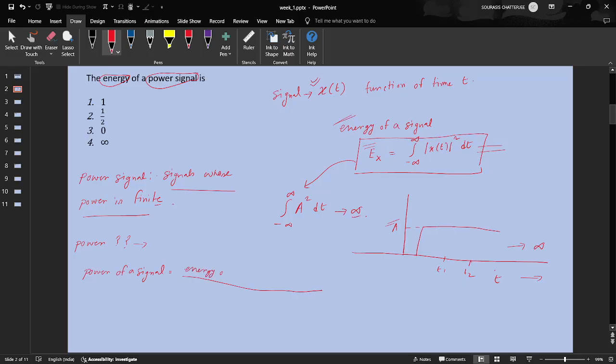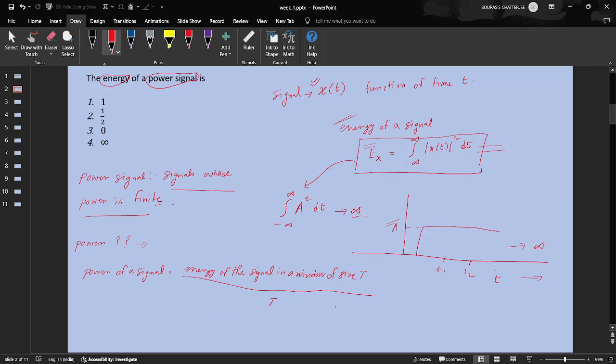Energy of the signal in a window of size t, and we are normalizing this energy by dividing it by t.